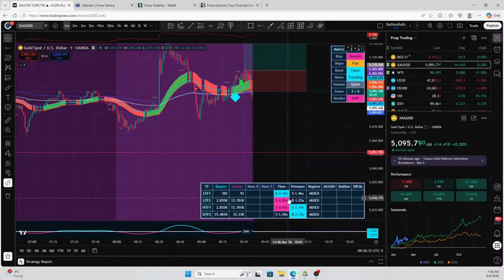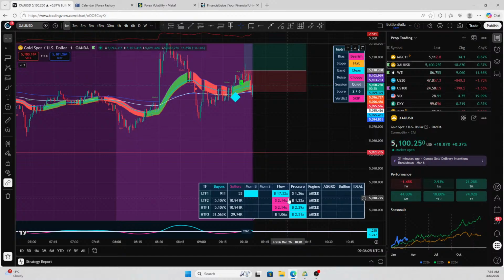We're still on the buy side, especially from a trend perspective, but we're going to see if the market has switched its direction. Currently, we're still bullish.